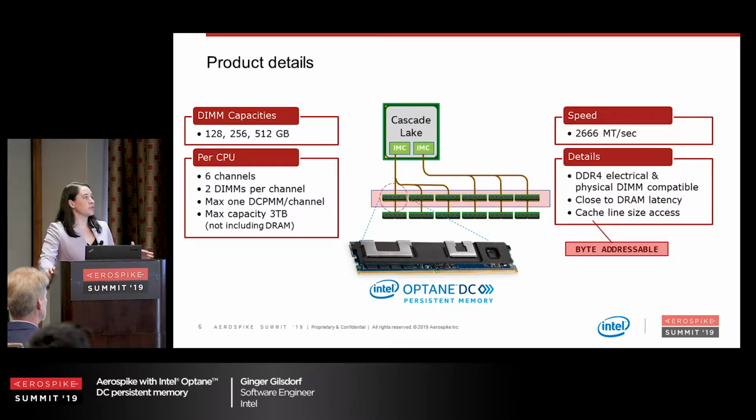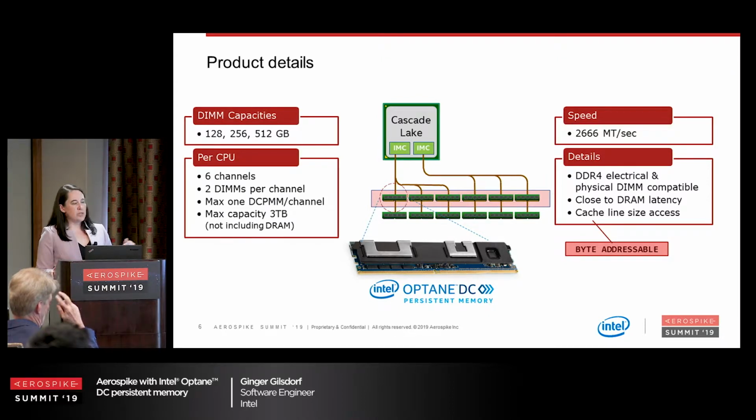And that's not even including the DRAM that sits adjacent to it. So on a 2-socket server, which is fairly standard today, you're looking at 6 terabytes of Optane DC persistent memory. For a lot of people, that's pretty astounding.